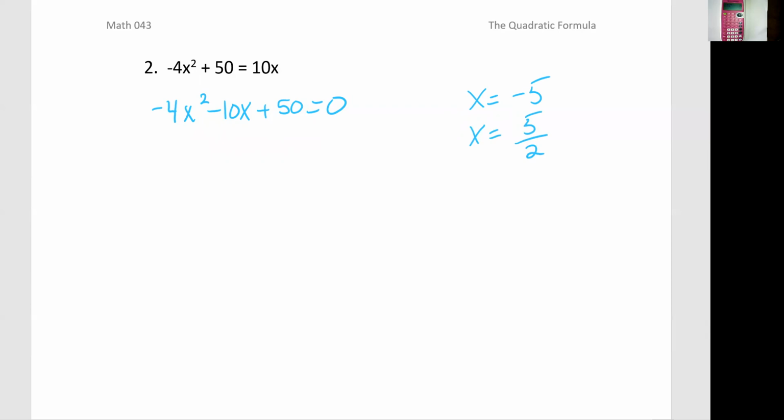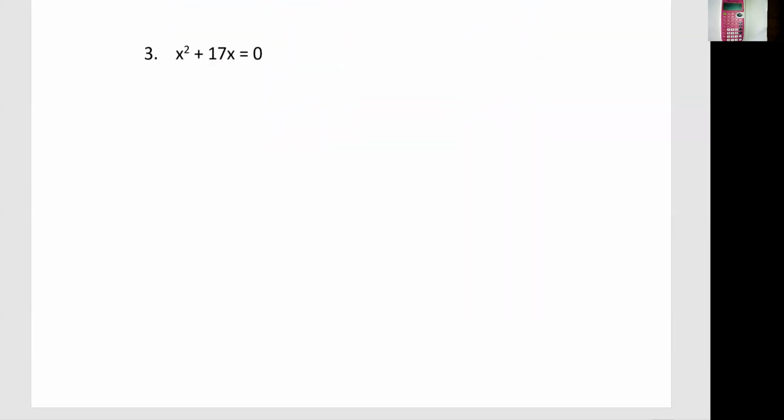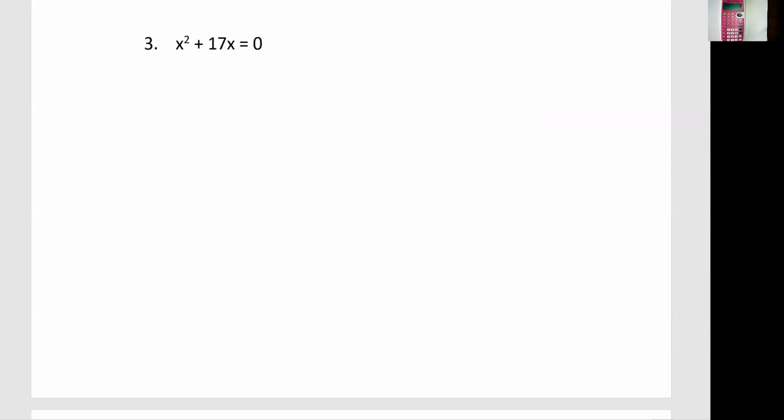Again, you can use the quadratic formula. It works every single time. Number 3, I would definitely use factoring. So our answers are 0 and -17.